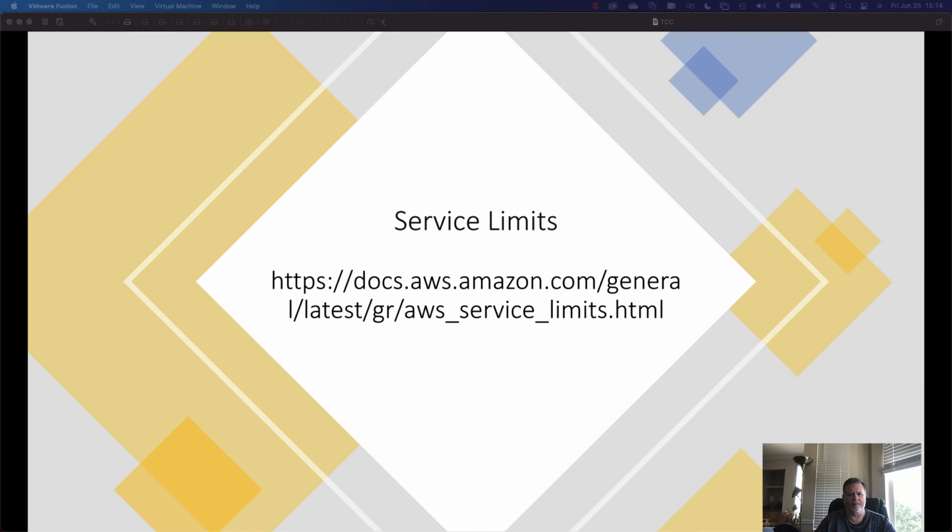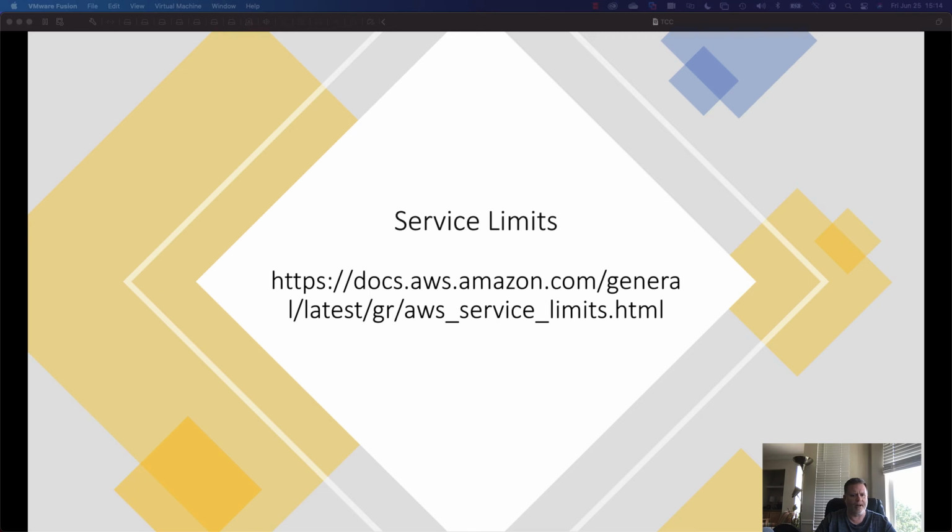So if you need more than 40 EC2 M5 large instances in a region, you would probably have to send in a service request and see about getting allocation for more. Or you might just create another account because that's by account. Each account is limited to 40, 20 on demand and 20 reserved.